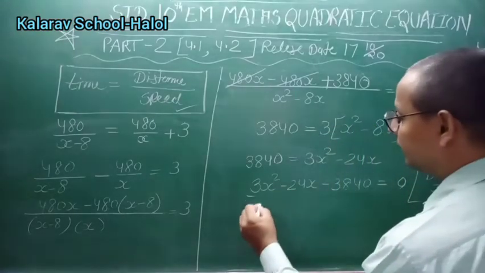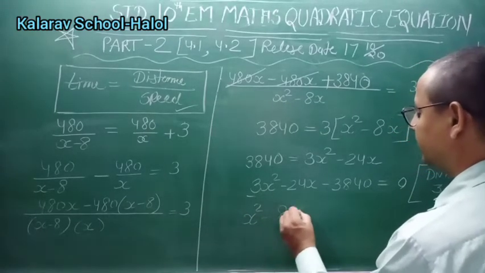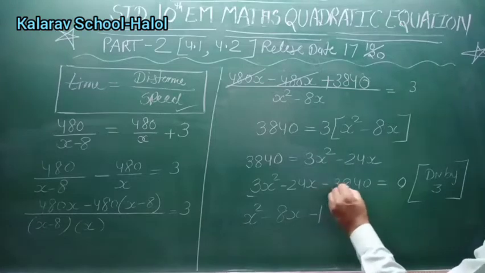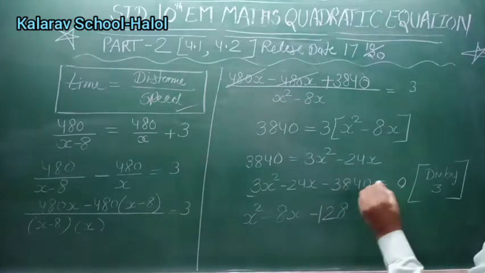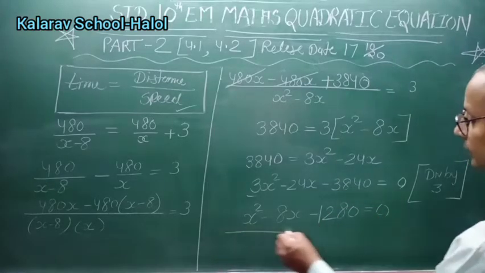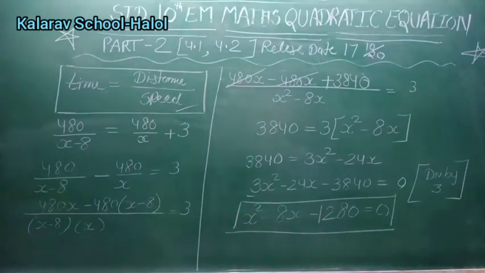And you will get here x square minus 8x minus, now see 3 1s are 3, 3 2s are 6, 3 8s are 24. So your equation is x square minus 8x minus 1280 equal to 0.